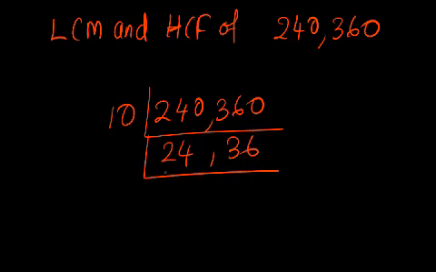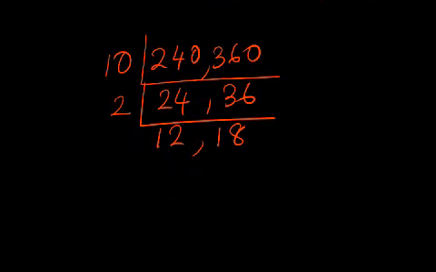Again, both of them are divisible by 2. So 24 divided by 2, 12. 36 divided by 2, 18. Again, 12 and 18 are divisible by 2. So write 2 here. 12 divided by 2, 6. 18 divided by 2, 9.